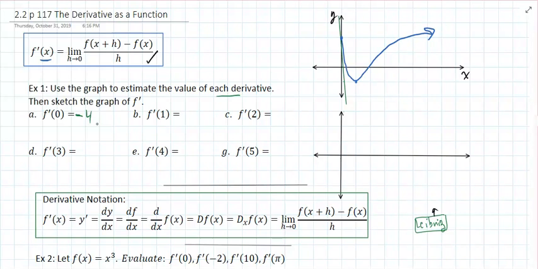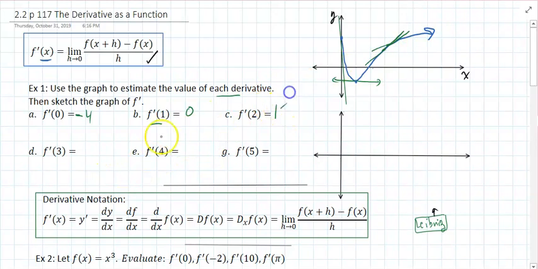Okay. How about B? F prime at 1. X equal 1. F prime at 1 is 0. How about F prime at 2? What do you think the slope of this line is? I'm going to say that's about a 1, rise over 1. How about F prime at 3? Isn't 3 a bit less?